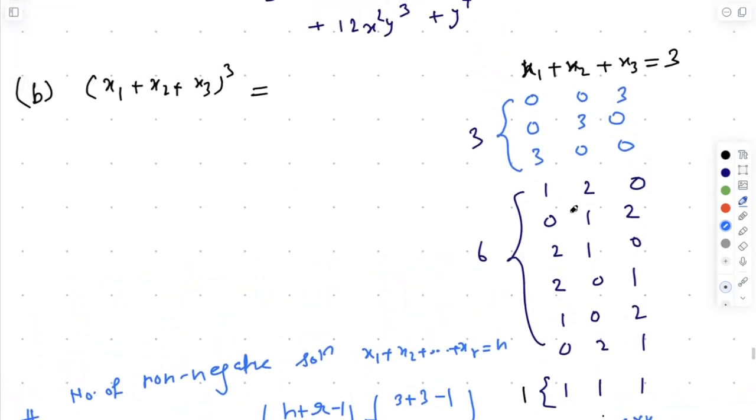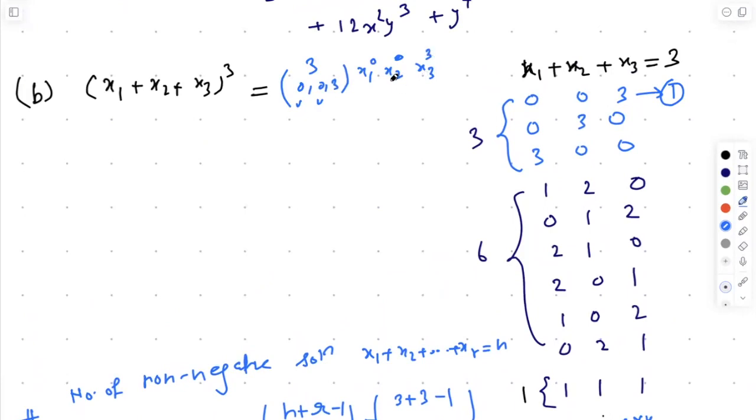Now, corresponding to each partition, you will have a term. For example, if you consider this to be first, what is the term corresponding to this? It is going to be 3, 0, 0, x1 power 0, x2 power 0, and x3 power 3.